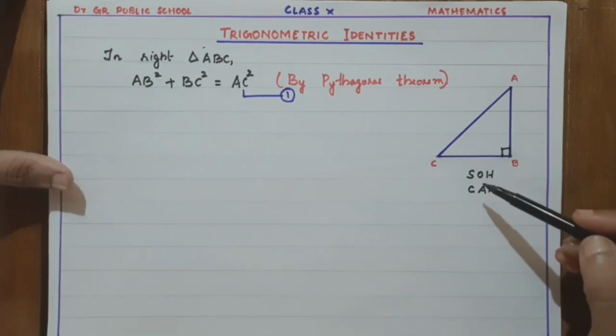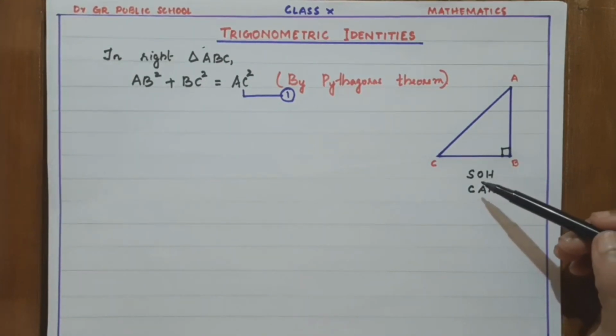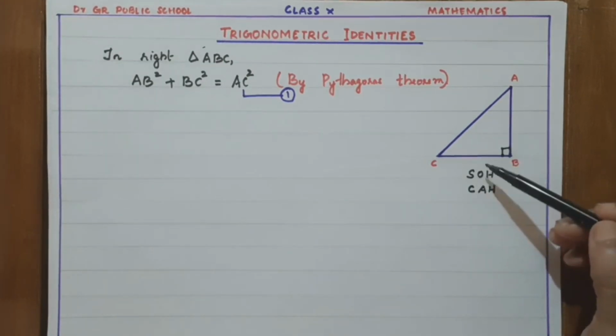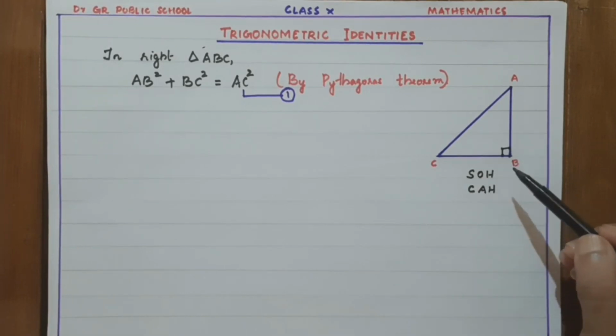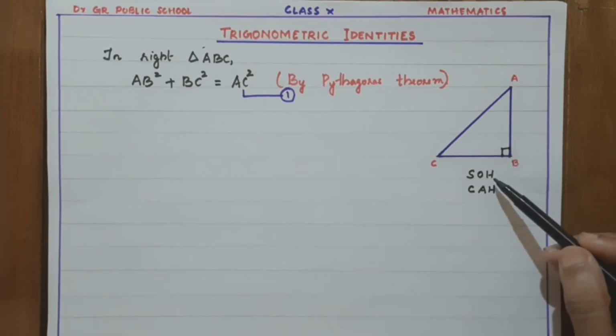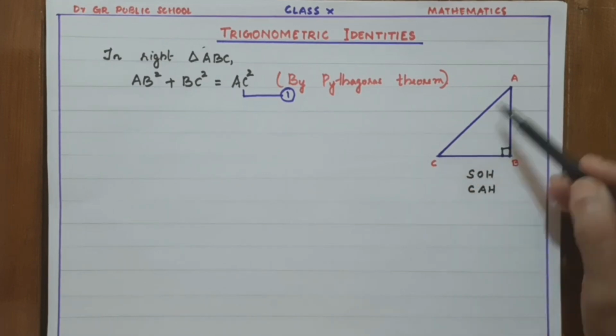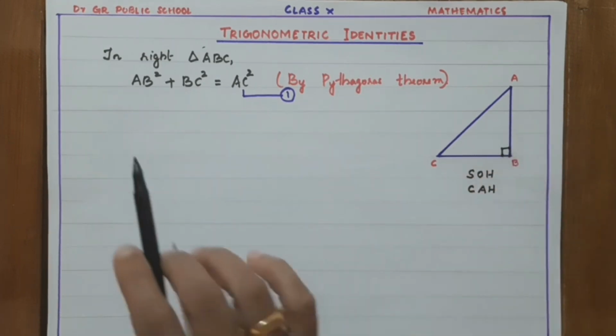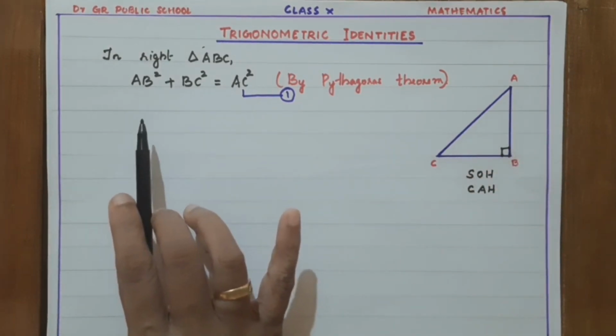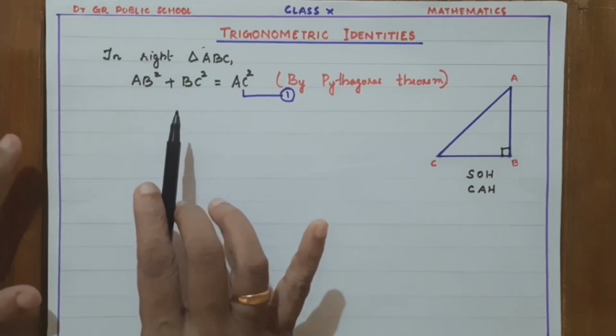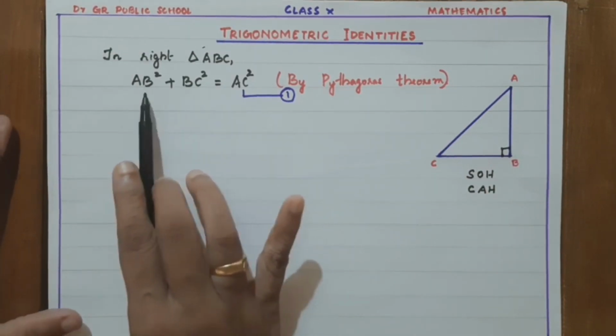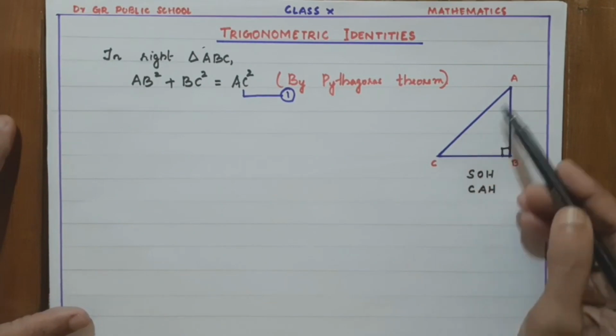So to get the trigonometric identity using the sine ratio and cos ratio, we need the denominator as hypotenuse, here AC. So to get sine ratio and cos ratio, we have to divide these terms by this AC.